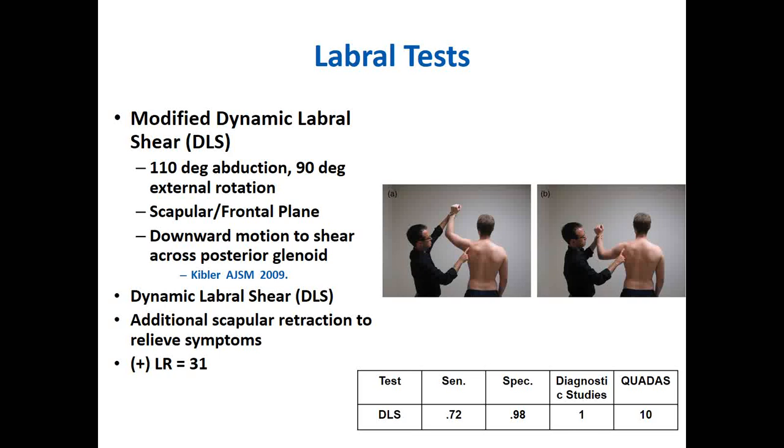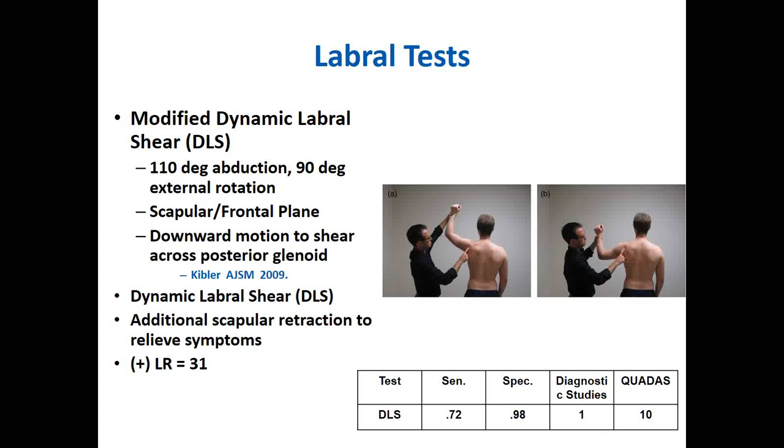After that paper came out, Dr. Kibler published this paper called the Modified Dynamic Labral Shear. This is a passive test also. You elevate the arm in the scapular plane up to about 110, 120 degrees. Then you externally rotate and bring the arm posteriorly into the frontal plane. So you're bringing it up and back.